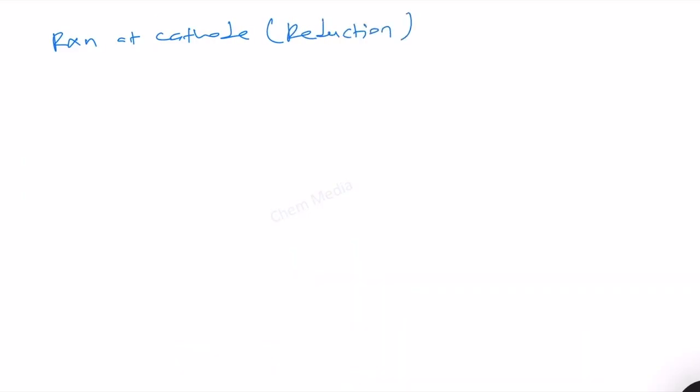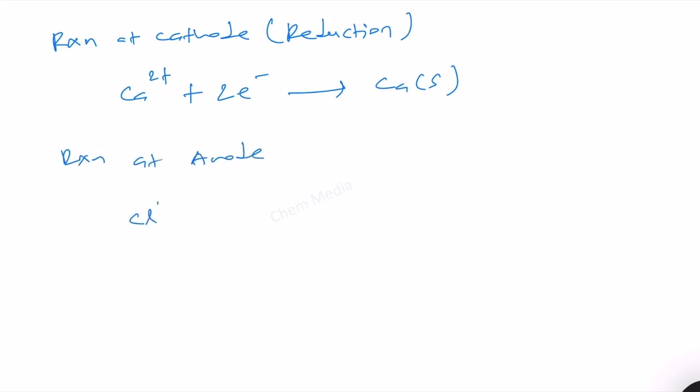This is something you already know. Calcium 2 plus gains 2 electrons and becomes calcium. The reaction happening at the anode is Cl minus ion gives chlorine gas and loses 2 electrons.